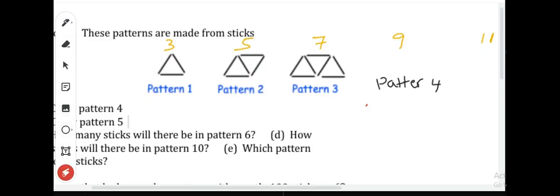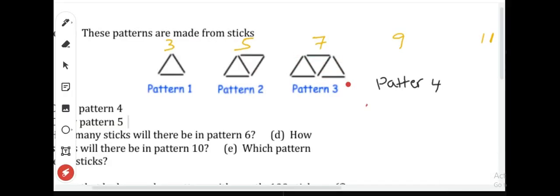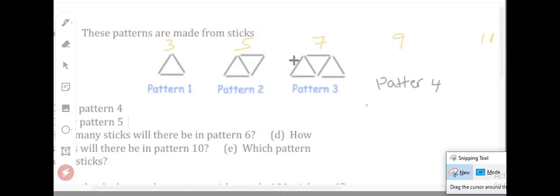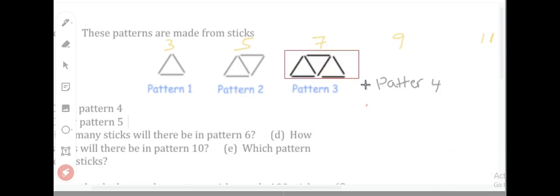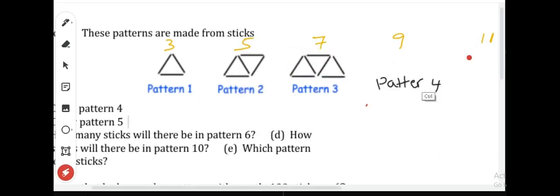I can just copy this one and reproduce it here so that I can have the work.